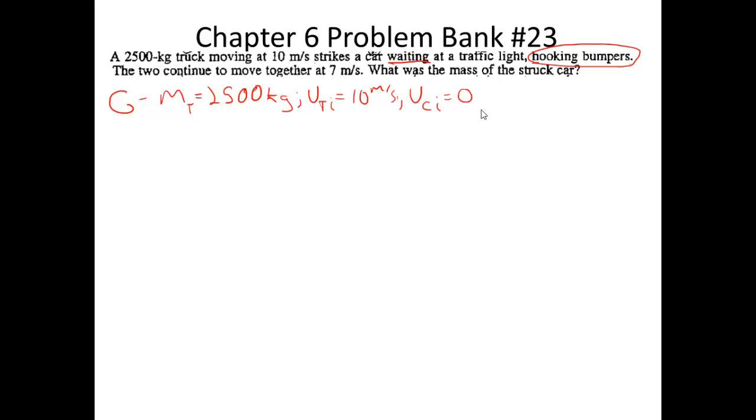And we know that the final combined velocity is equal to 7 meters per second. I'll give this another subscript so we don't get the two C's confused. So our unknown again is the mass of the car.